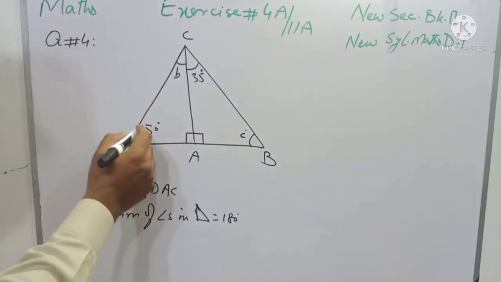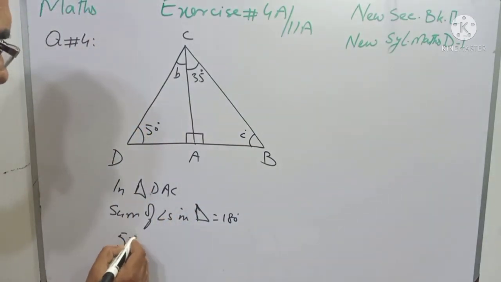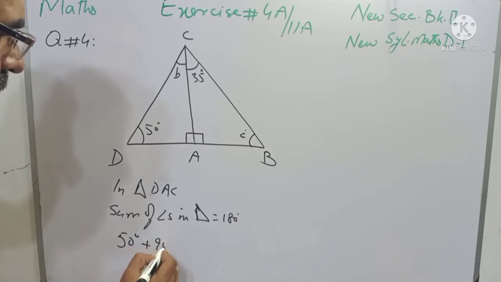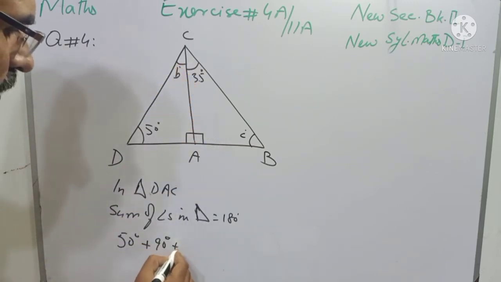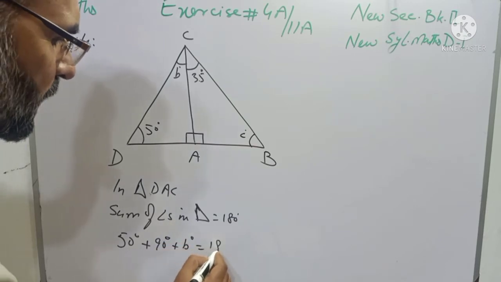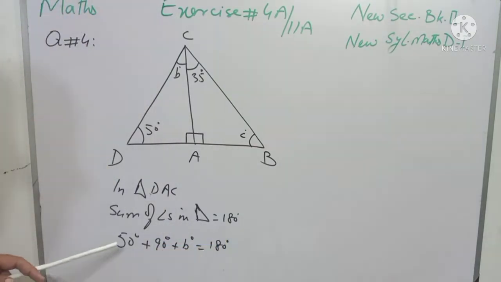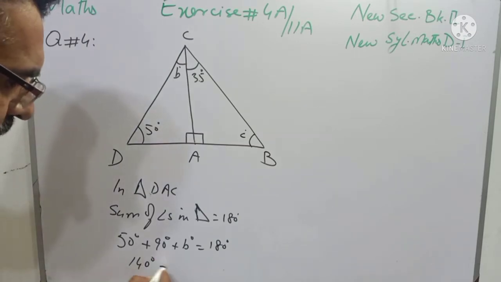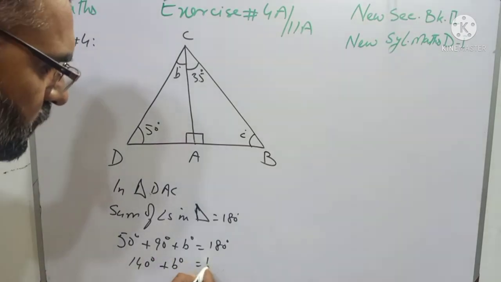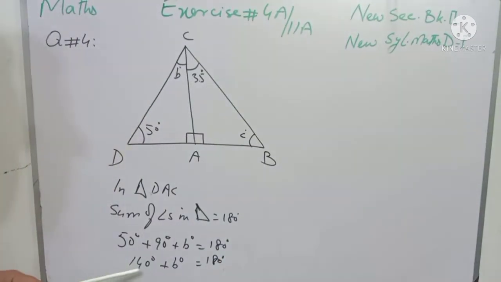And students, 50 degrees plus 90 degrees plus B degrees is equal to 180 degrees. And students, 90 plus 50 is 140 degrees plus B degrees is equal to 180 degrees, and 140 is plus.